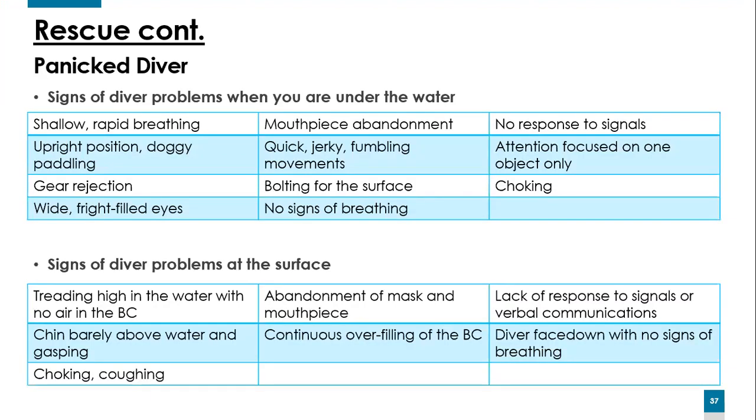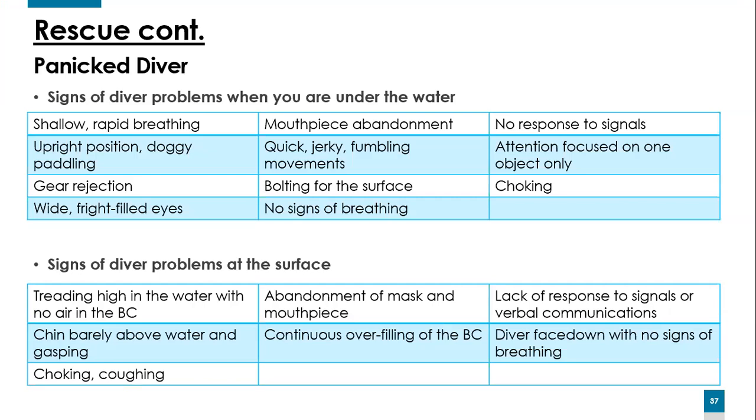Okay. All right, here we're going to look at panic diver, or signs of a diver experiencing problems both underwater and at the surface. So looking at some of the signs where a diver's underwater is possibly getting panicked. You'll see wide, fright-filled eyes, gear ejection.